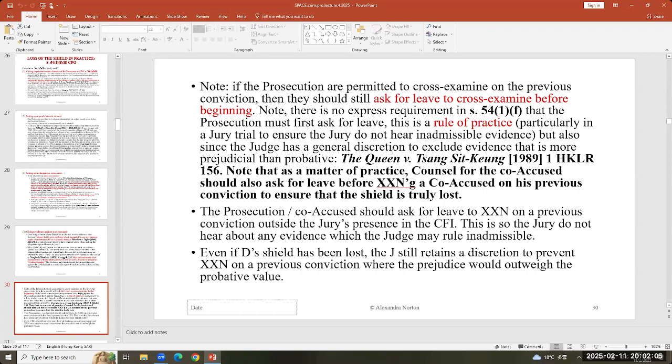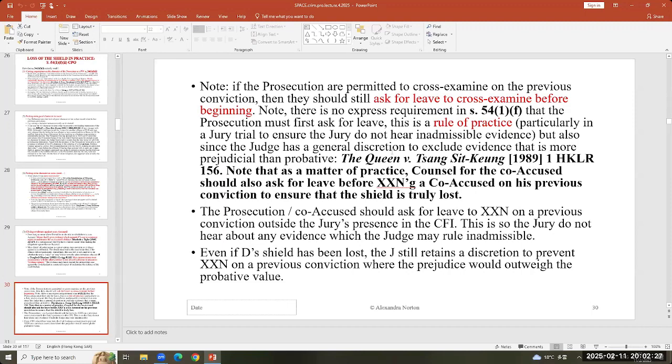Because if it hasn't been lost and this evidence of the previous conviction is introduced, then the prejudicial effect of it may outweigh the probative value. Then you have inadmissible evidence going before the jury, which could be good grounds for an appeal. So as a matter of good practice for safety, always ask for leave.